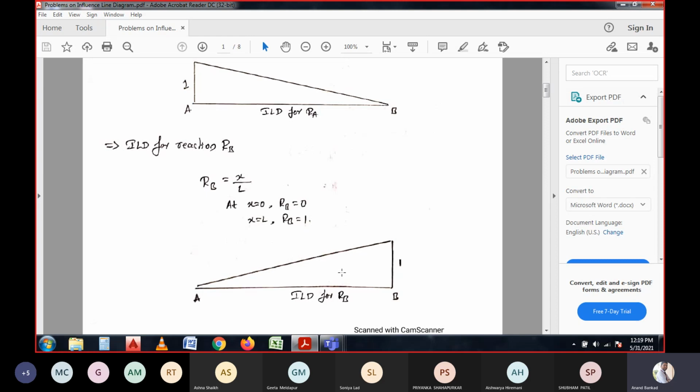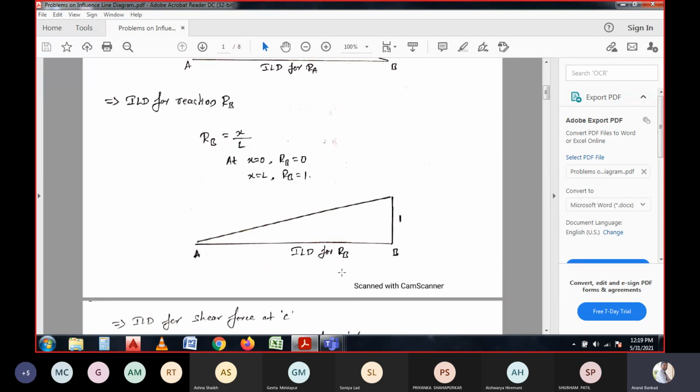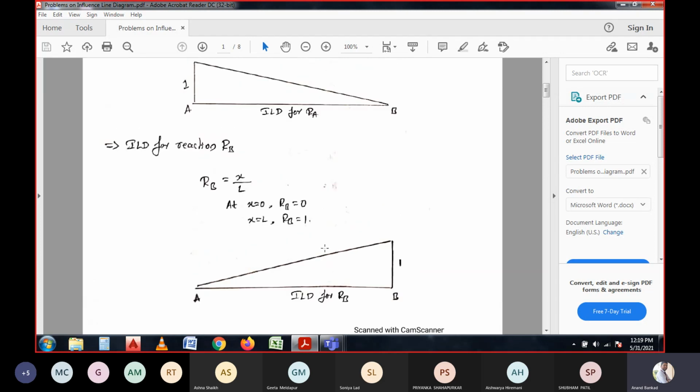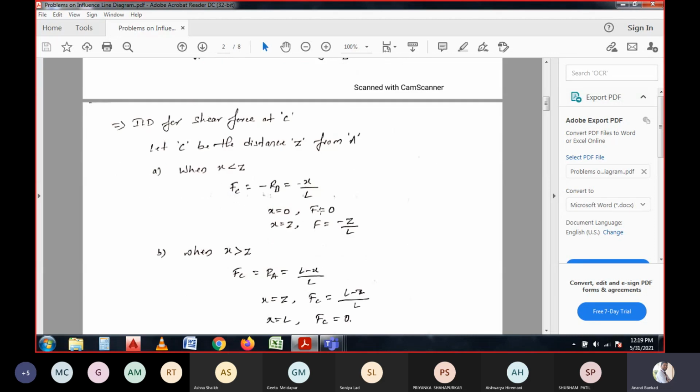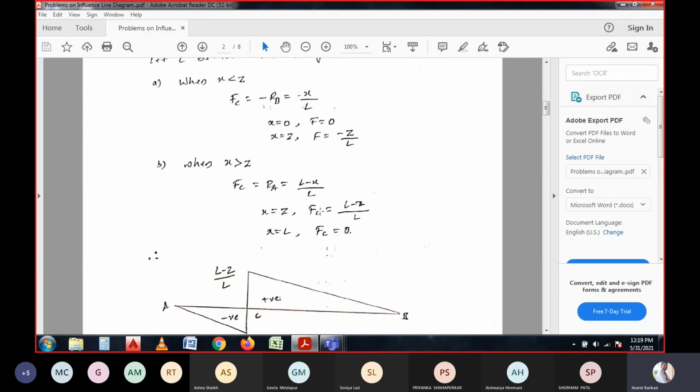These things we already studied 2-3 days before, and that is why I would like to revise them now. The reaction forces are like this. If you want to calculate the shear force, it is calculated at the section given, for the positive shear force and the negative shear force.